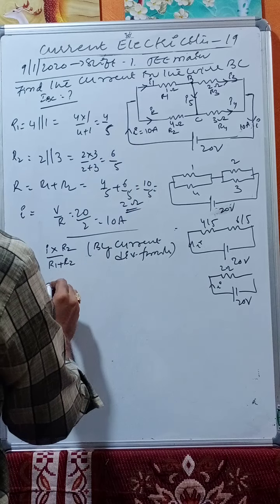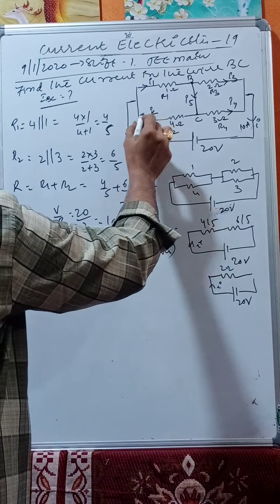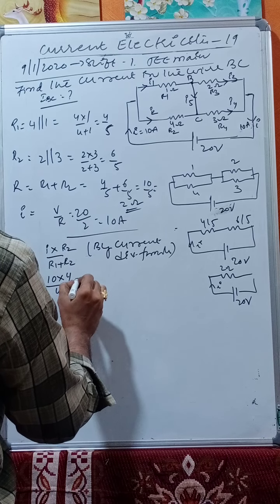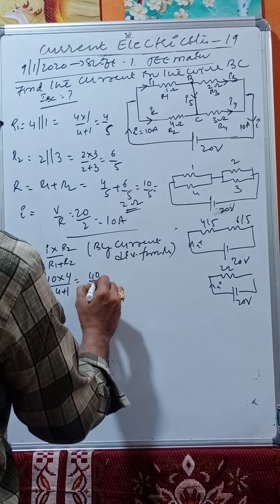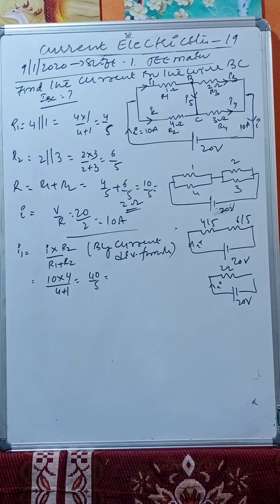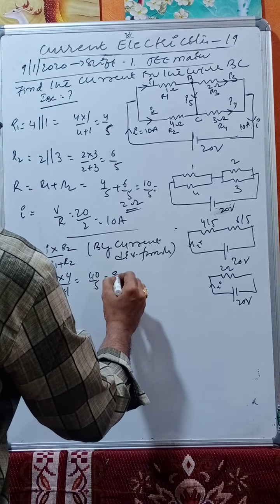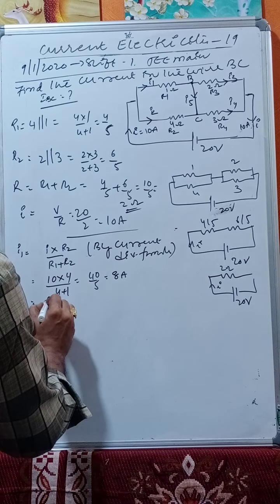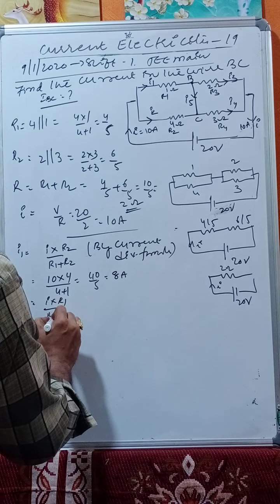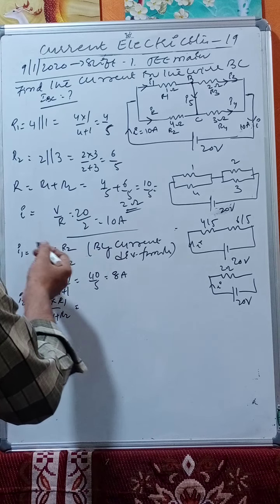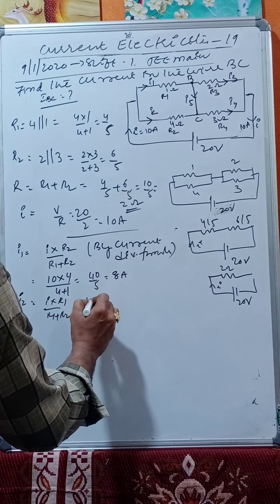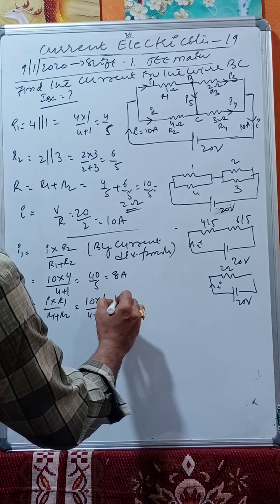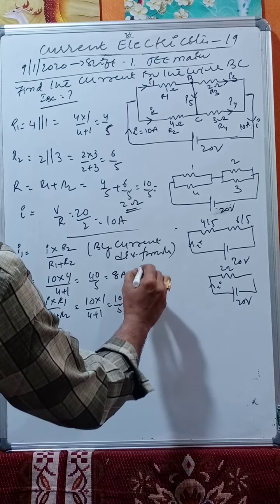The total current is 10, into R2 which is 4, by 4 plus 1, that is 40 by 5, that is 8 amps. Now what is I2? I2 is I into R1 by R1 plus R2, or simply 10 minus 8, which is 2. That is 10 into 1 by 4 plus 1, that is 10 by 5, that is 2 amps.